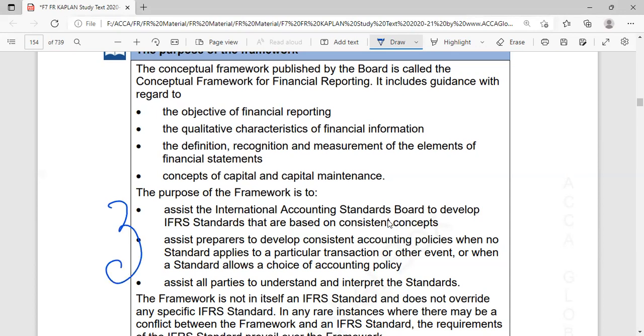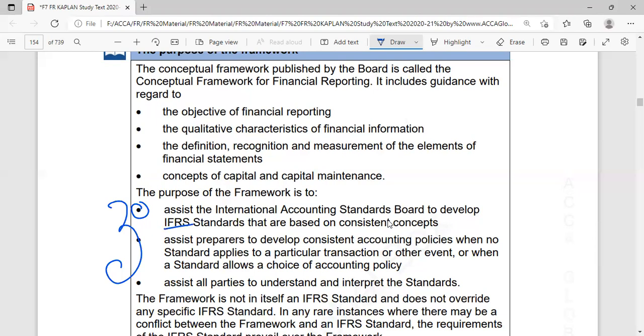What is the main purpose of the conceptual framework? First of all, it assists the IASB while preparing the IFRS standards, and it assists preparers to develop consistent accounting policy where no separate standard is available for a particular transaction or event.